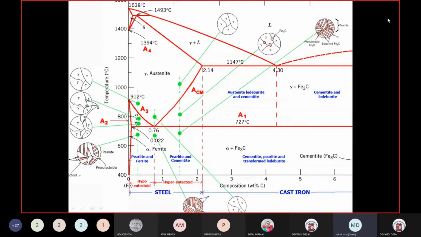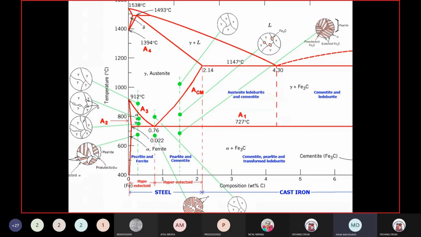Now, if you see the left side of this 0.76, they have mentioned the A2 line, the red A2 line, and a very minor amount of one phase is there, that is the alpha ferrite. They have mentioned it, see the arrow, it is alpha ferrite. So from this diagram, you can see that in this alpha ferrite, the carbon content is very low.